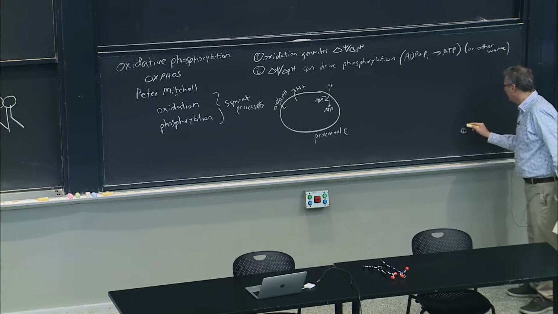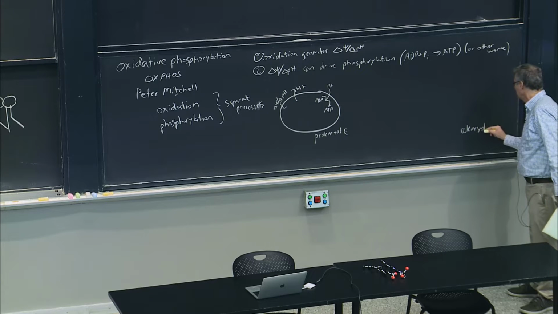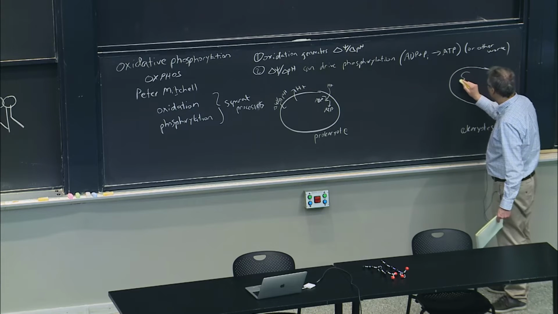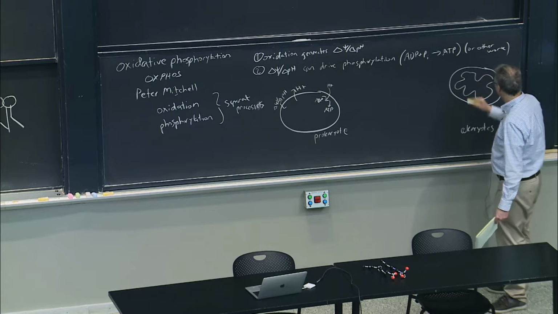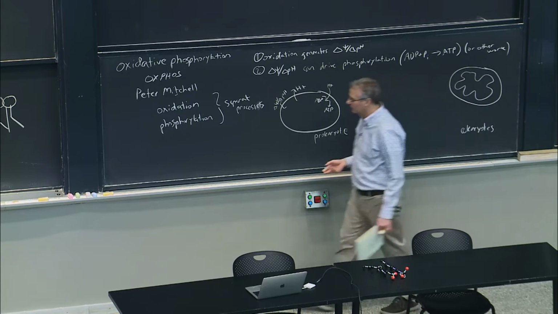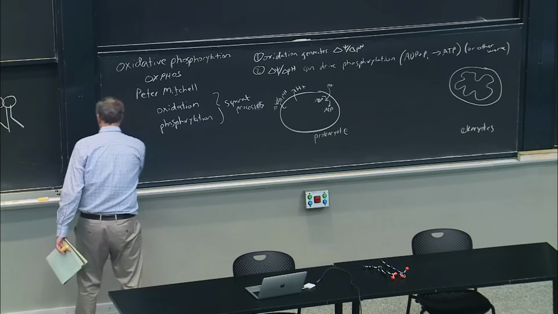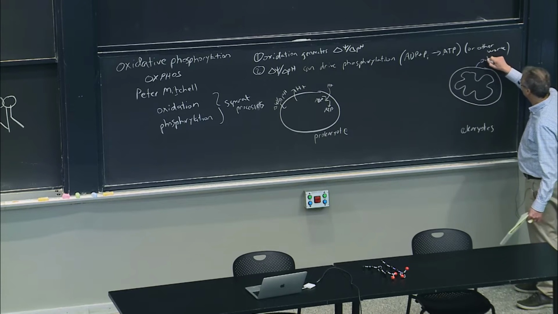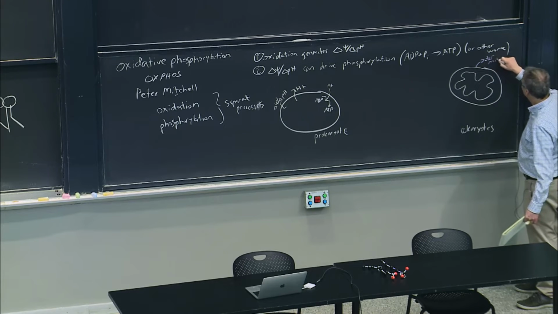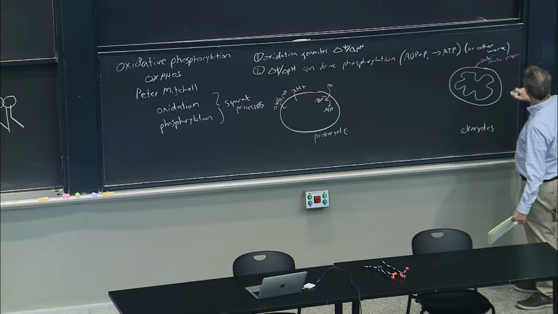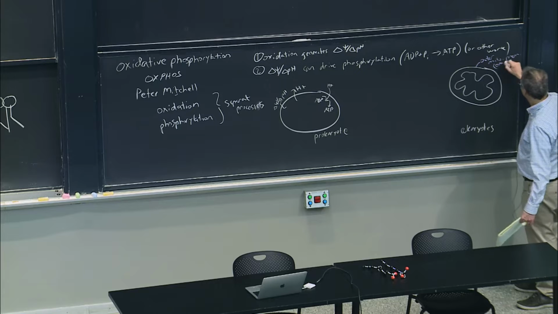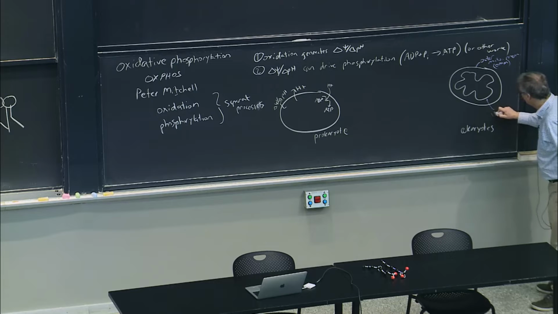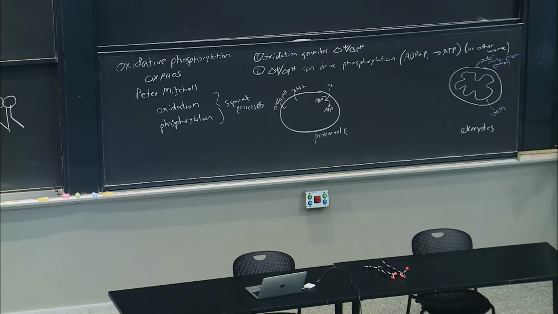Now, in eukaryotes, this process occurs at membranes within the mitochondria. So if this here is a mitochondria, okay? So just to remind you of some very basic cell biology. And so remember, mitochondria have two membranes. So there's this outer mitochondrial membrane, and then there's this inner mitochondrial membrane, okay?